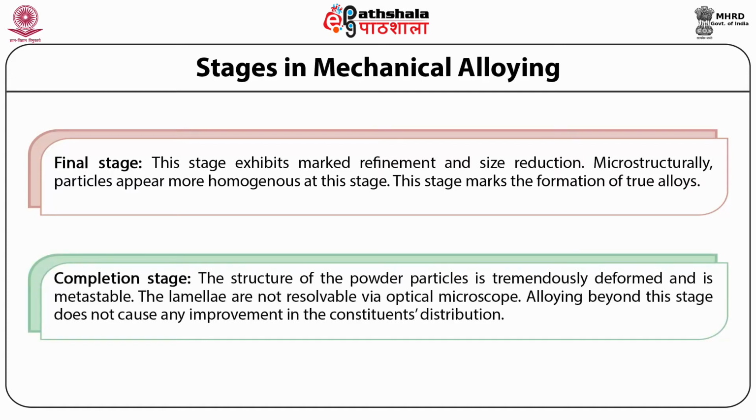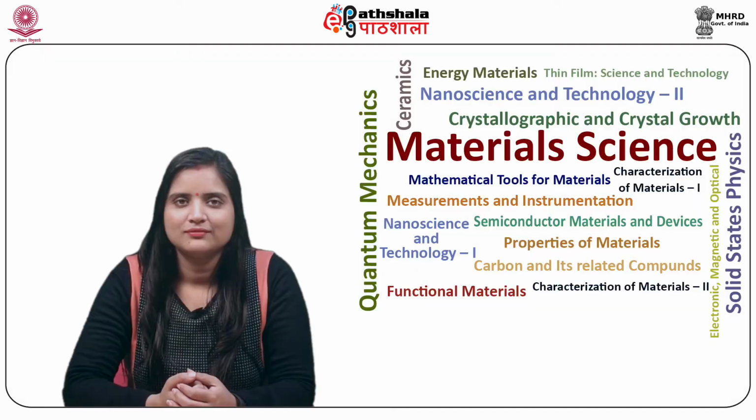The structure of the powder particles is tremendously deformed and is metastable. The lamellae are not resolvable via optical microscope. Alloying beyond this stage does not cause any improvement in the constituents distribution. True alloy is formed which has the same composition as the precursor.